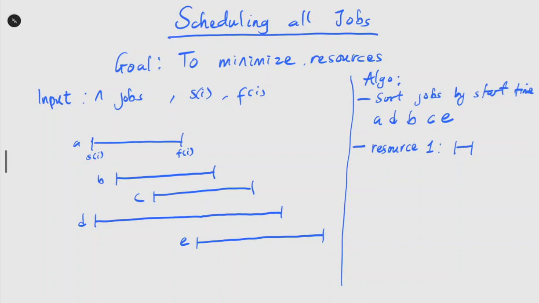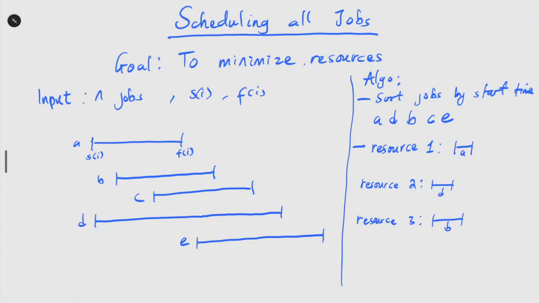The answer is yes. So because it does, we are going to allocate it to, let's say, resource 2. It's going to have job D. The next job in our sorted order is job B. Does job B overlap with job A? Yes. Does it overlap with job D? Yes. So we're going to allocate it to another resource. Resource 3 is going to have job B.